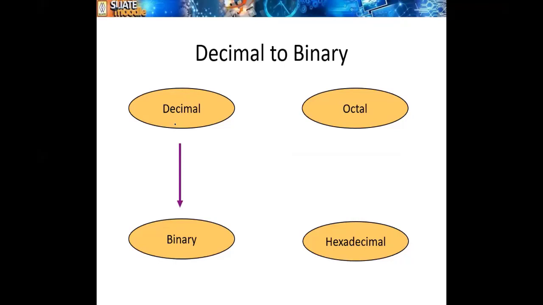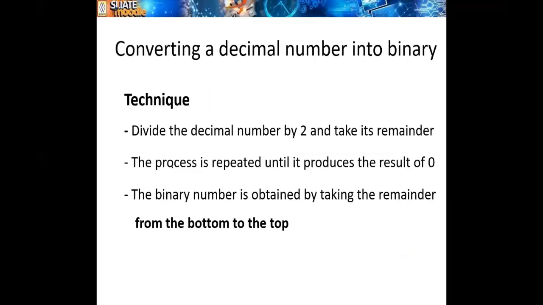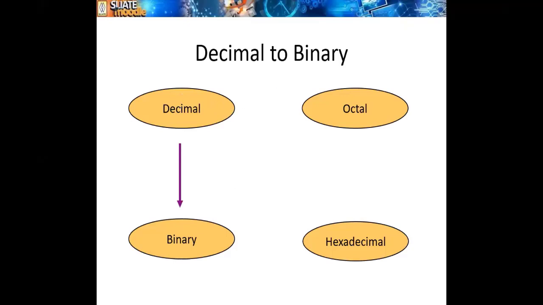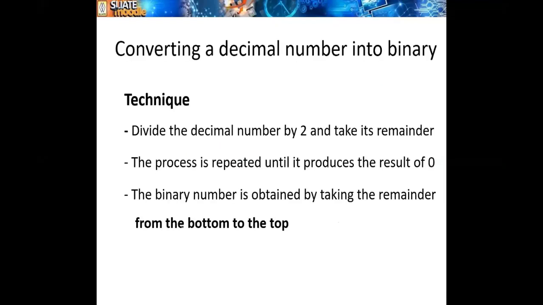So first we will learn how to convert from decimal to binary. Decimal to binary, it's very simple. All these are very simple. Conversion from decimal to any other base is very simple. The only thing is we have to divide by that base. So what we are going to do is convert a value in base 10 to base 2.